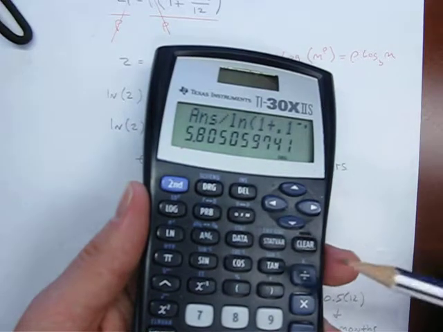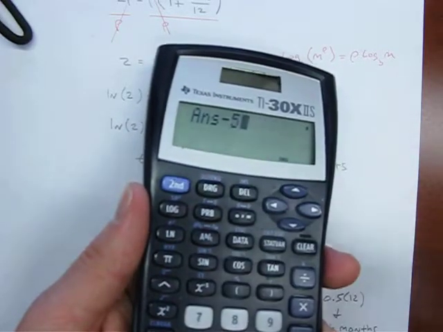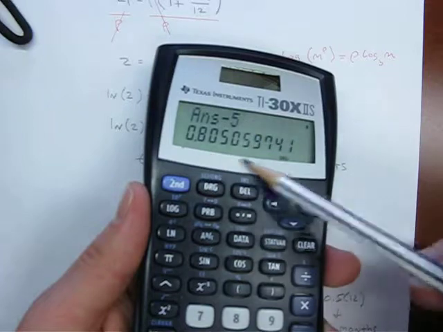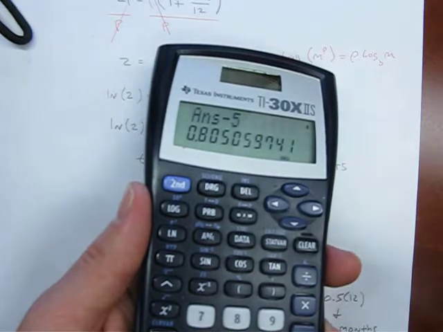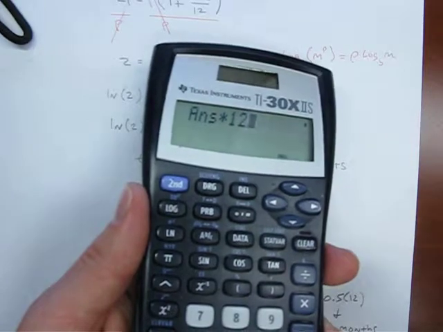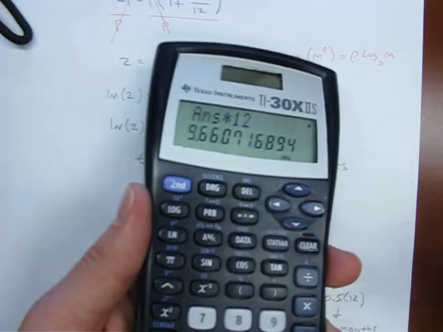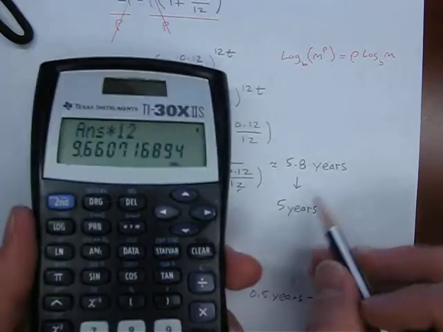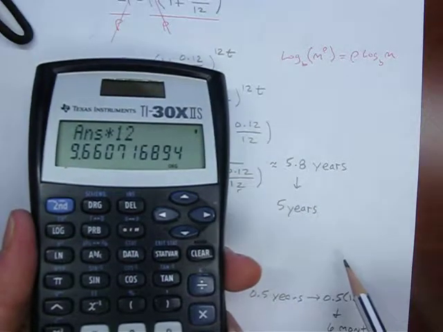So here's how I'll do that. I'll take this number, I'll subtract the 5. That will leave me with just the decimal. If I multiply that by 12, it gives me a month's value for that decimal. So I get 9.6. So it's like 5 years and 9.6 months.